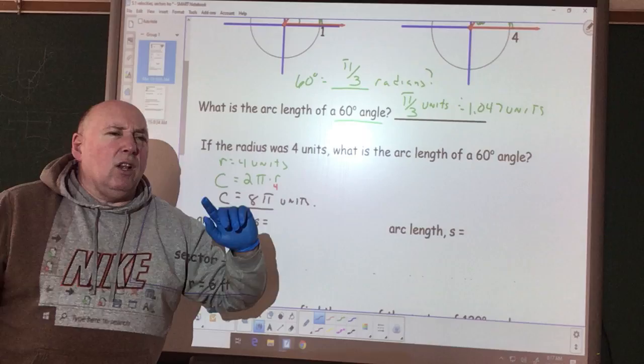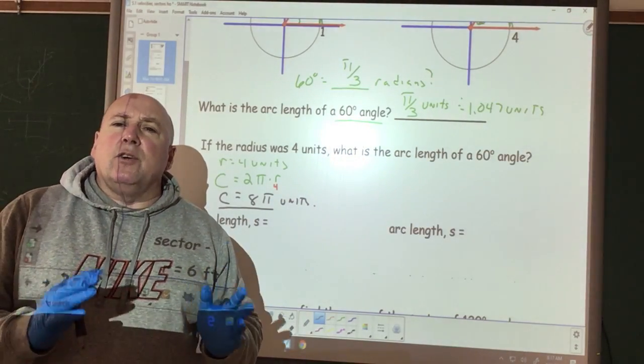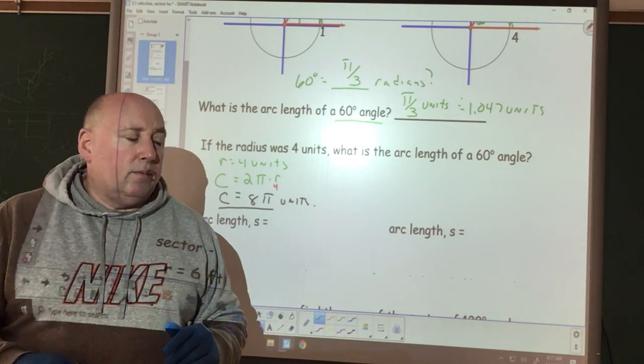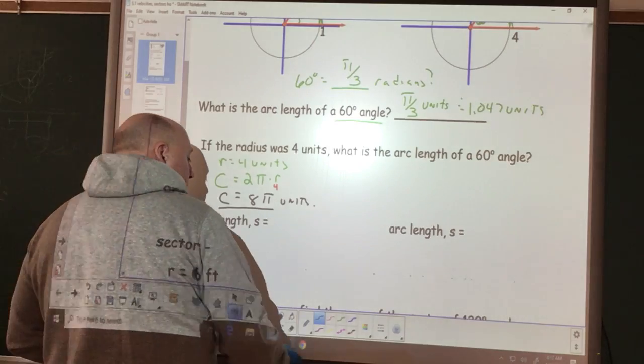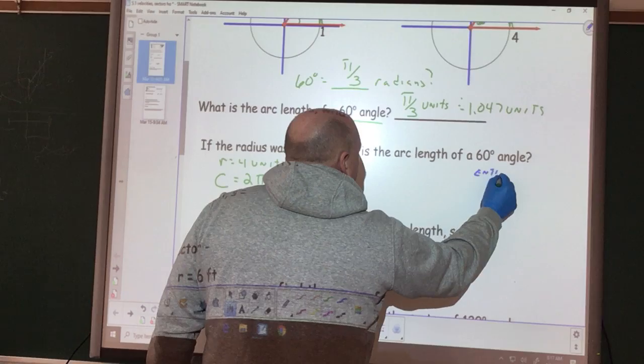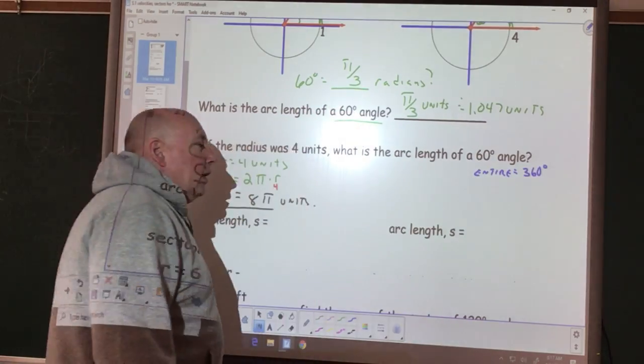Well, if I take a look at 60 degrees, what fractional part of a circle is 60 degrees? Well, an entire circle is 360 degrees.